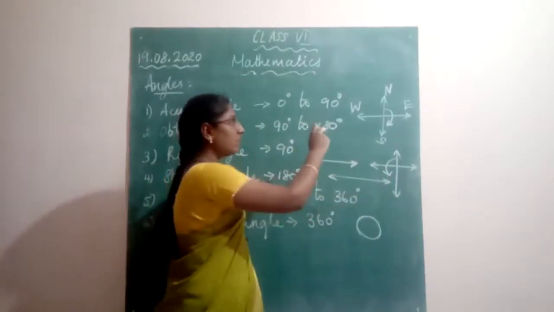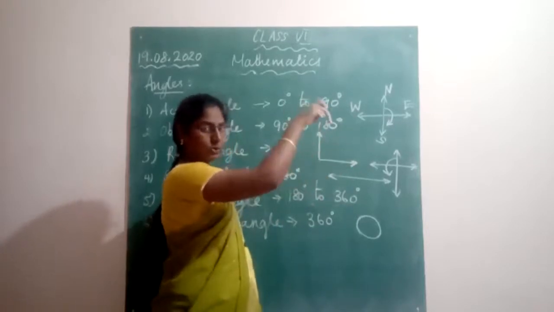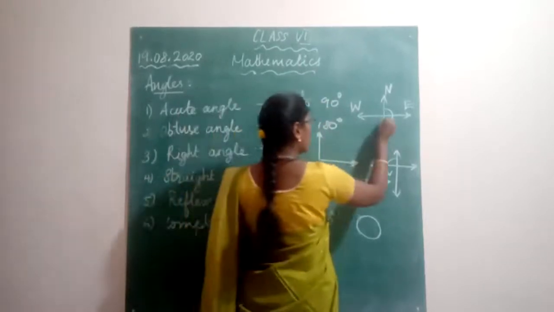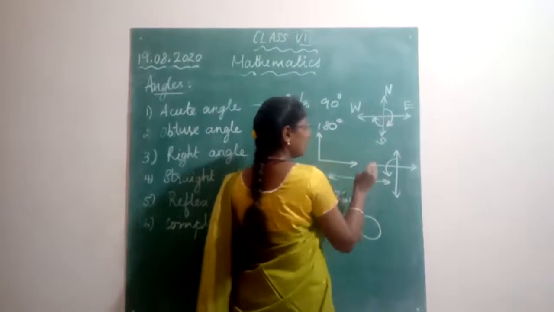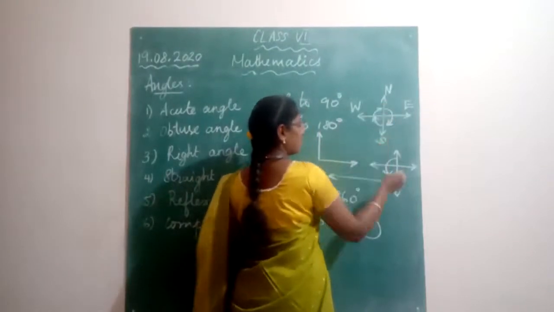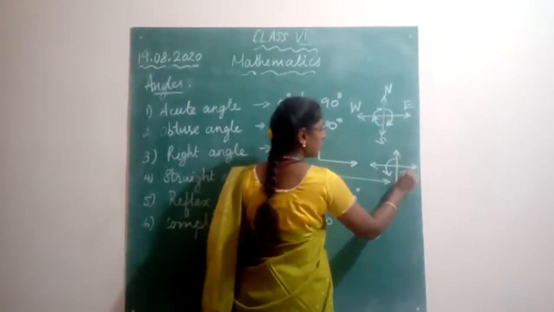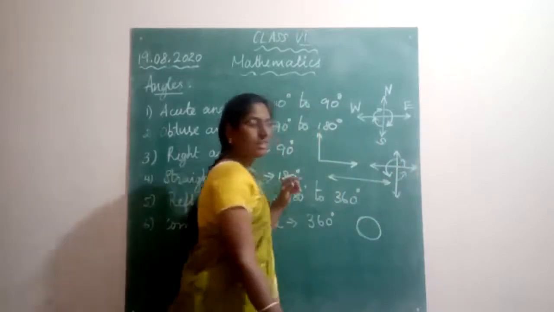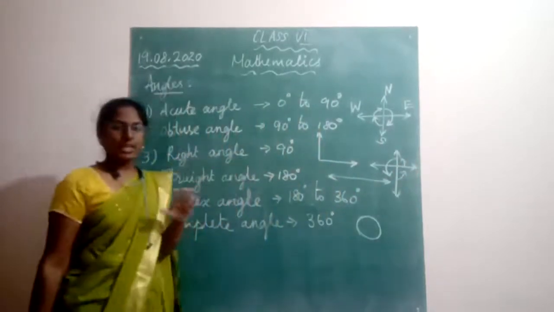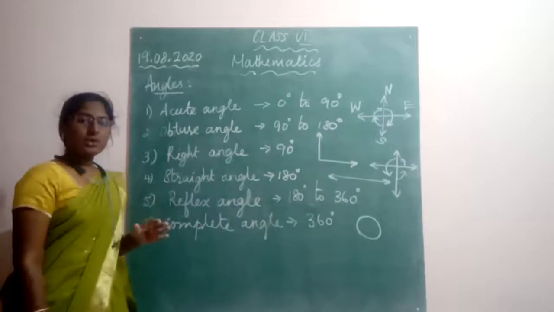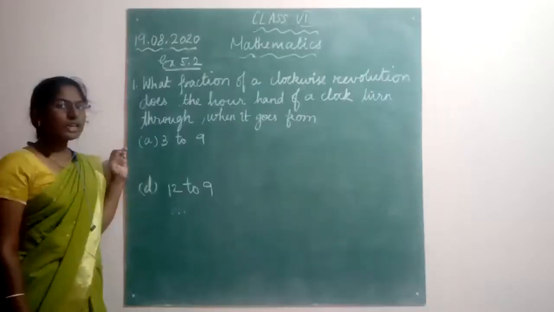Okay, but clockwise is moving this way, 1, 2, 3 like that. Okay, so this is also known as clockwise, but this fully is known as anti-clockwise. The reverse direction is known as anti-clockwise direction. Okay, so now let us enter into exercise 5.2. Look at exercise 5.2.